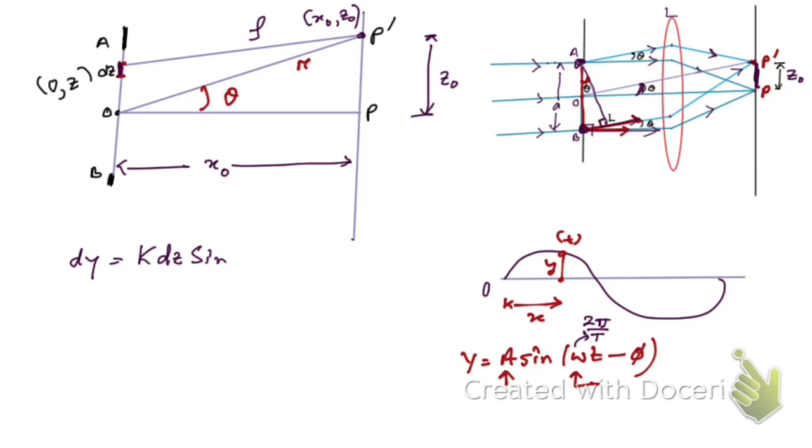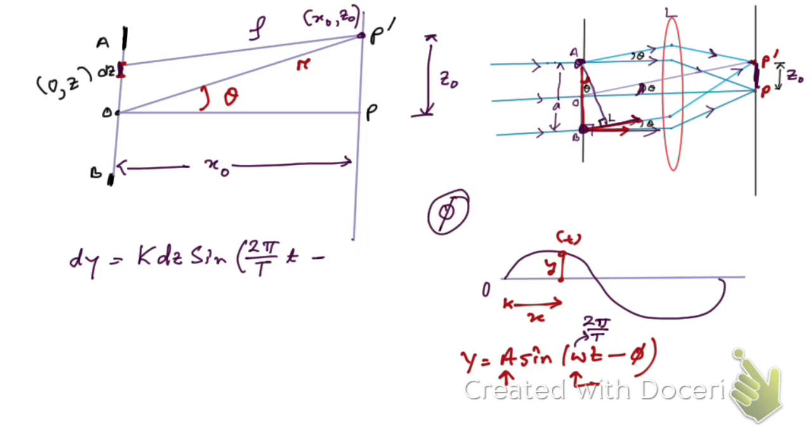Then here we can write 2 pi by capital T, then small t, then phi, where phi is the phase difference here.